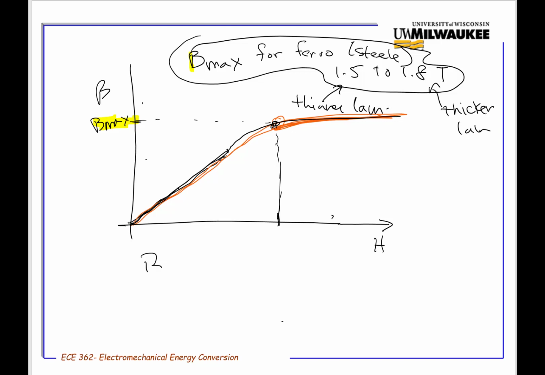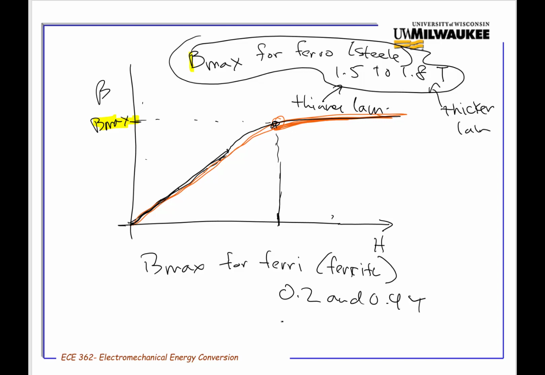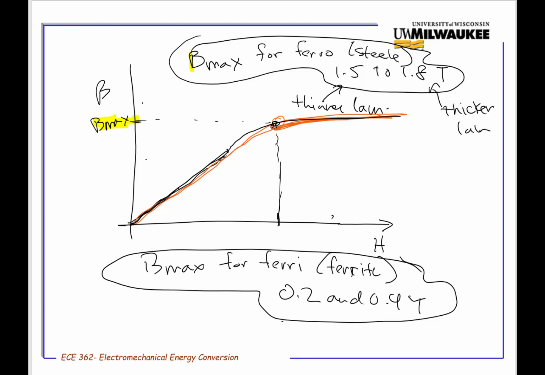B max for ferri, most common one is ferrite, is between 0.2 and 0.4 Tesla, depending on the manufacturer. So you pay a heavy price for using ferrites. So you better make sure that you've got a good reason.